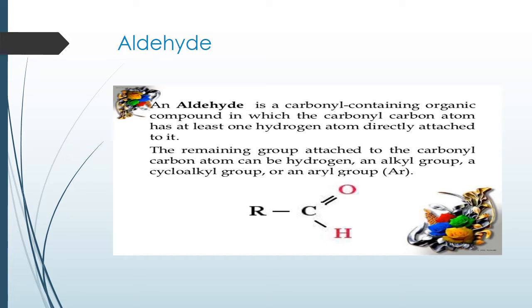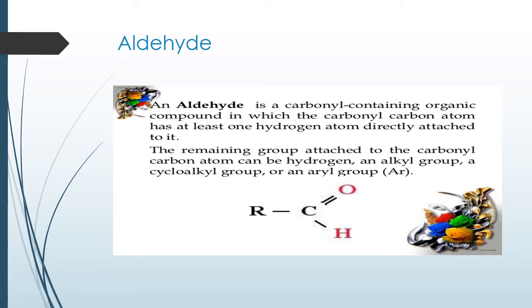C double bond O is in the center, and one end is R and the other end is hydrogen, shown in the red color. So one side is fixed with the hydrogen atom, C double bond O H, and the other side is R, the alkyl group.